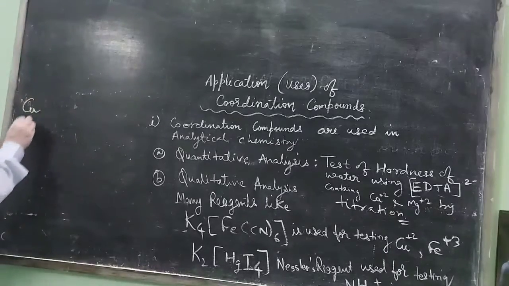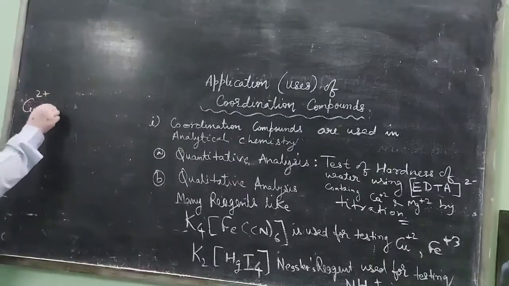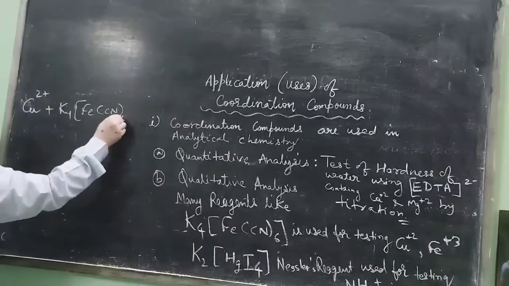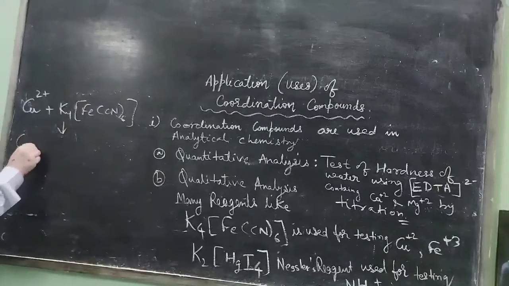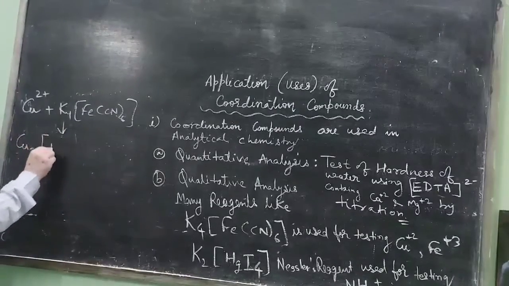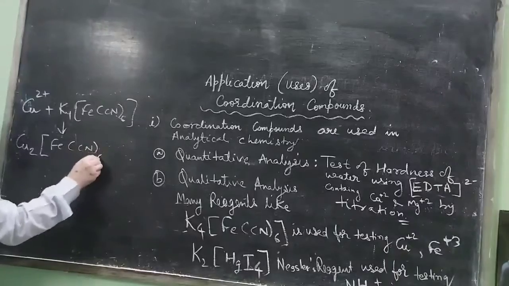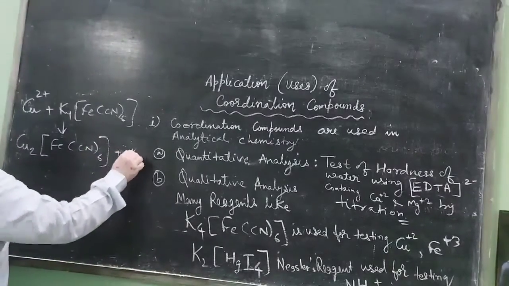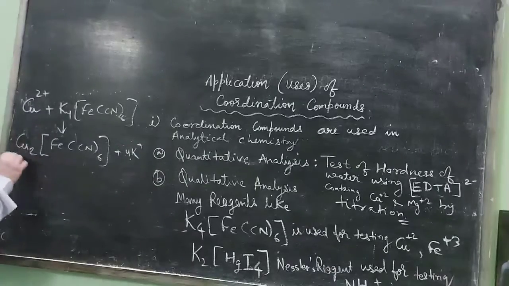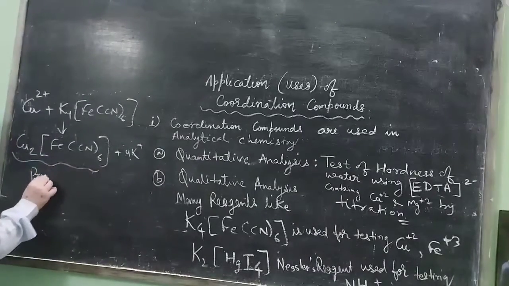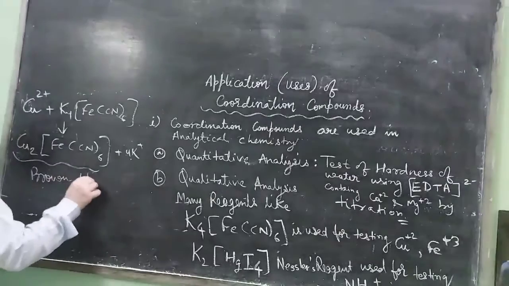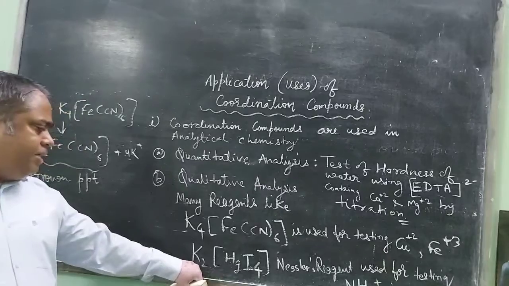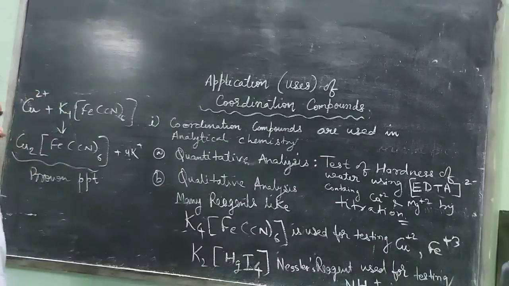If you take copper 2+ ion plus K4[Fe(CN)6], it will form Cu2[Fe(CN)6] plus 4K+ will come out and this will give brown precipitate. Similarly with ammonium salt, ammonium ion replaces the potassium ion and gives brown precipitate.